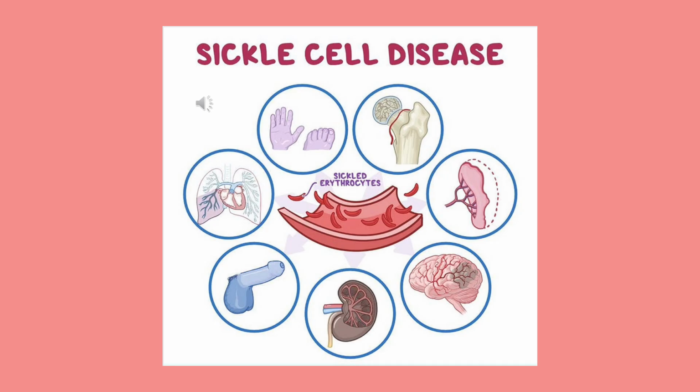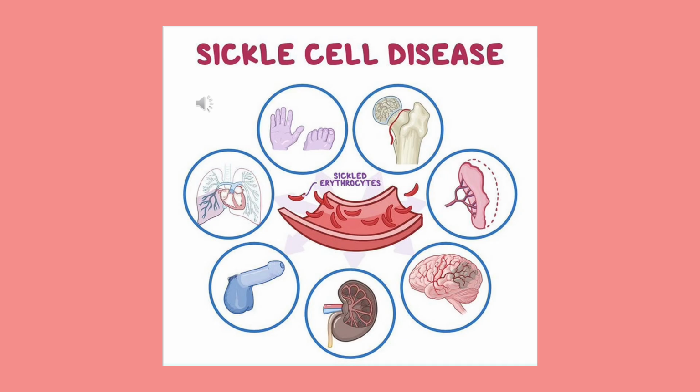With the central nervous system, because of repeated episodes of hypoxia, we can see things like strokes, or just cerebral infarcts, which leads to long-term neurological complications. And then genitourinary, again, that priapism, which is a very common complication in our male patients, and again, it's due to just vascular engorgement.